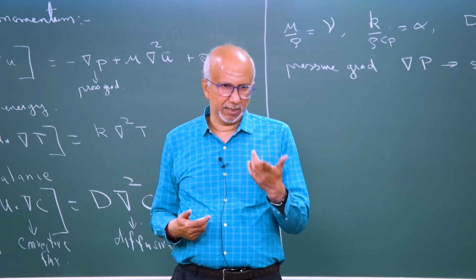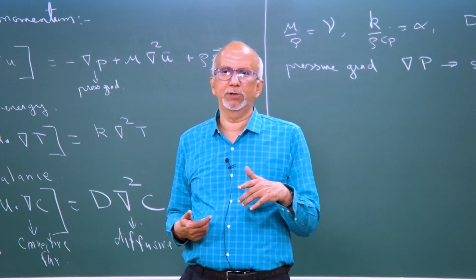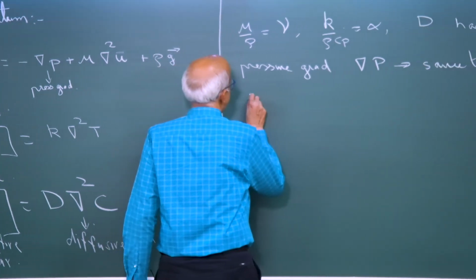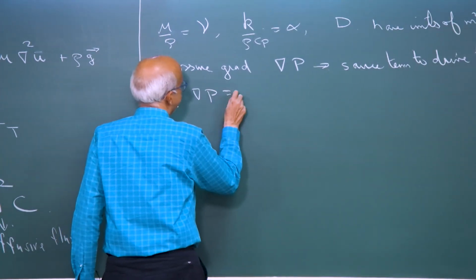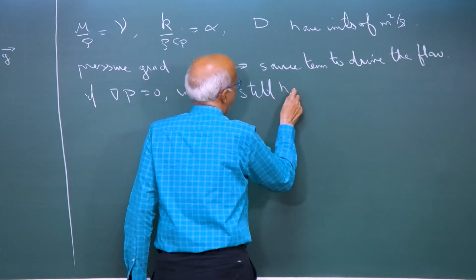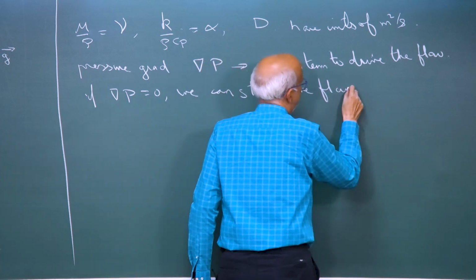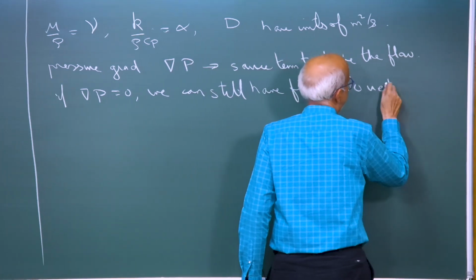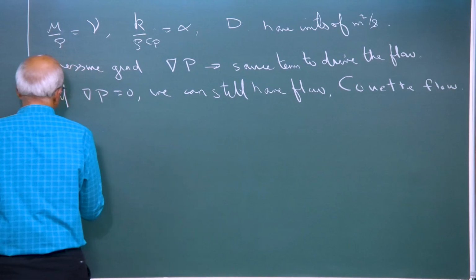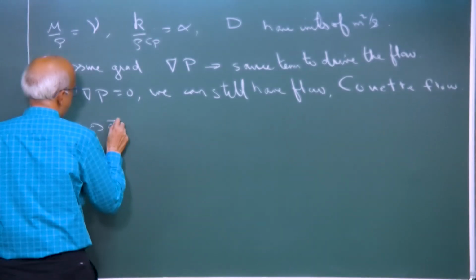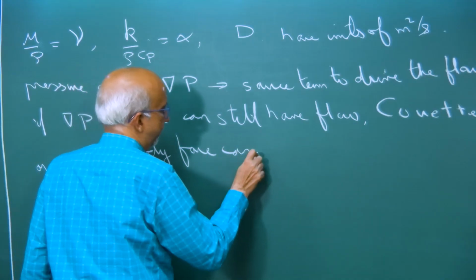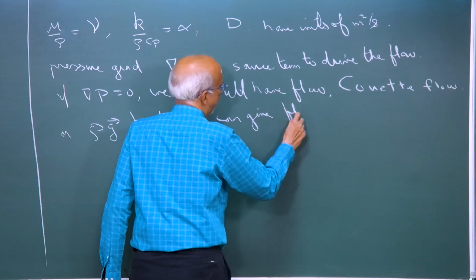Now, another situation where you can have flow is because of the body force, okay. So, if delta P is 0, we can still have a flow like in the Couette flow, okay, or rho g, the body force, can give flow.